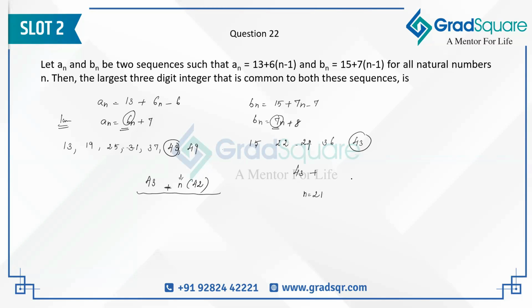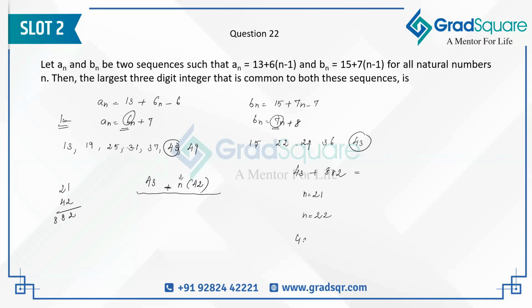So 21 into 42, you'll get 882. So 43 plus 882. This is still not the largest 3-digit number. You can still go forward. n is equal to 22.